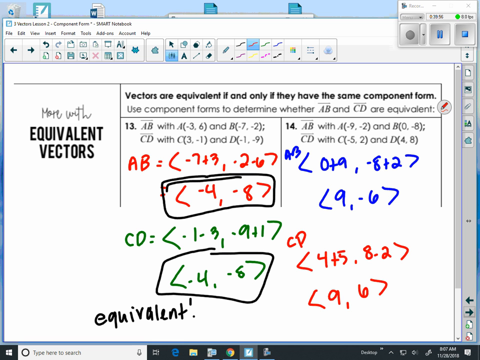Okay, are they equivalent? Close, right? But here, we have two positive 9s, that's good, but we have a -6 and a +6. Those are not equivalent.